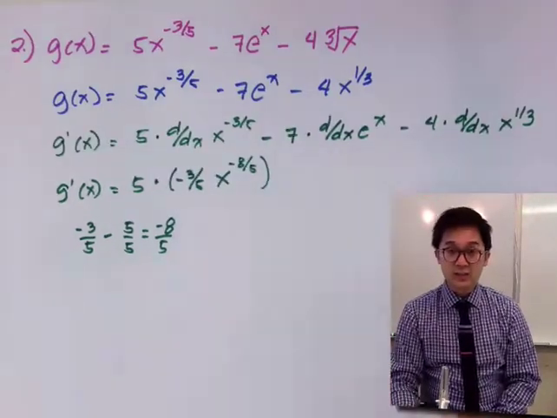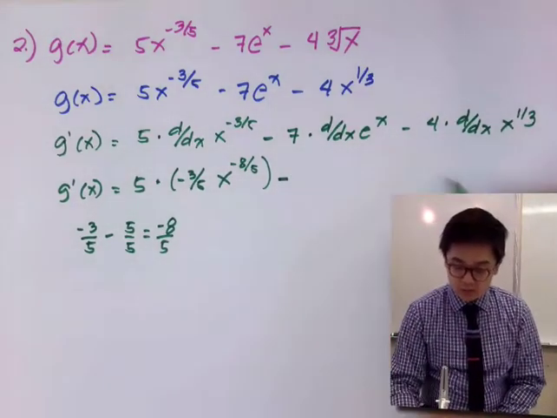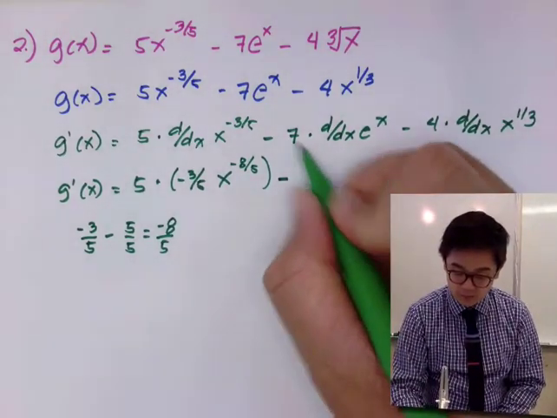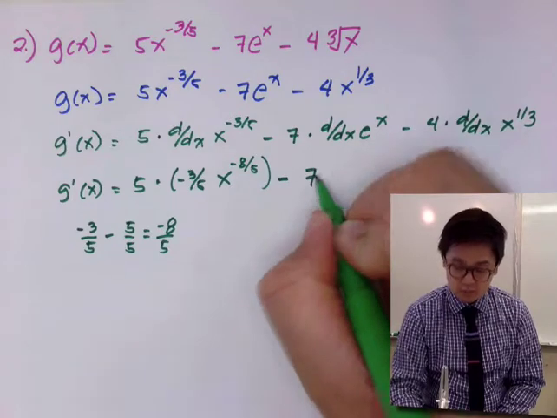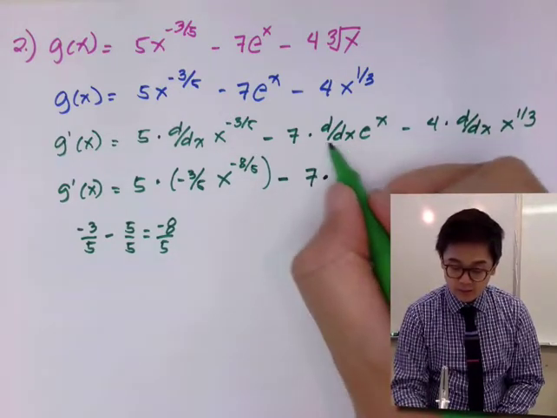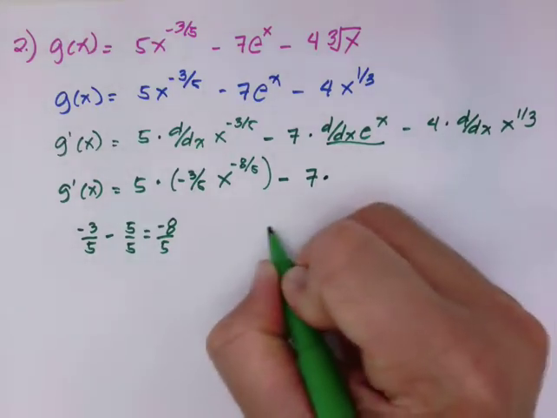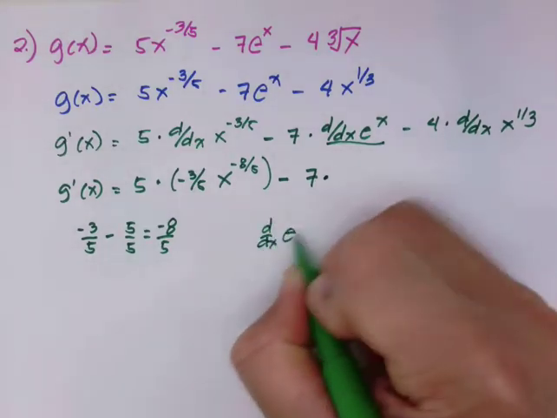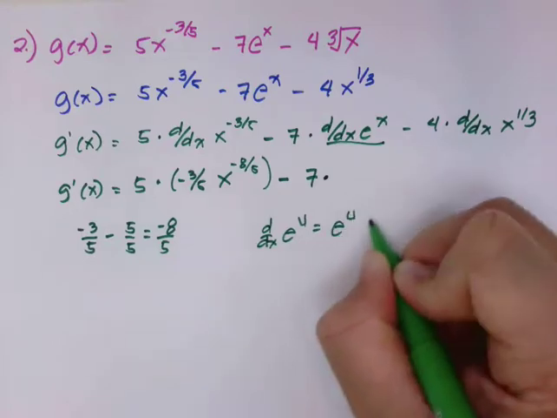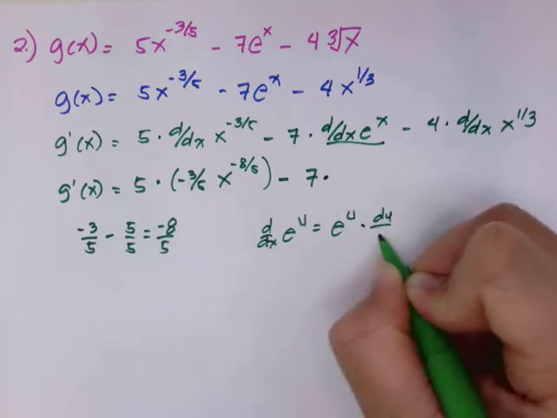Now let's go ahead and take the derivative of the second term. So let's copy the coefficient first, which is 7, multiplied by the derivative of e to the x. Now, the derivative rule for d/dx of e to the u, as we know, is e to the u times du over dx.